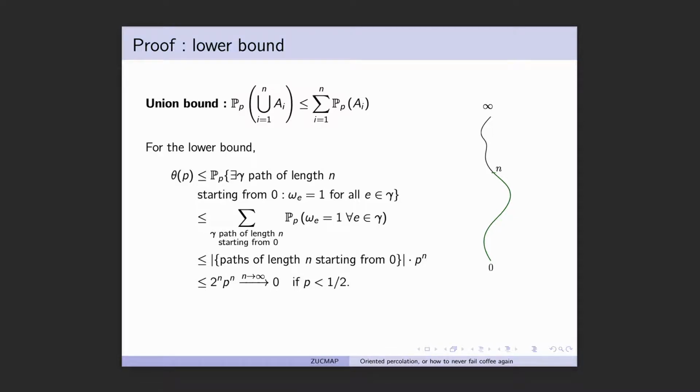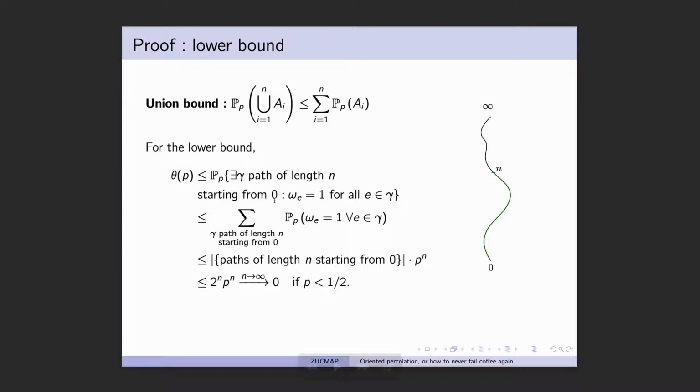The idea after this inequality is that when n becomes large, we have more and more possible paths to go from 0 to distance n, but their probability also decreases, because when we add one edge, that's a factor of p that we gain, so we have a total probability of p to the n. If p is small enough, this counterbalances the number of paths growing exponentially fast. And this is exactly what we do here.